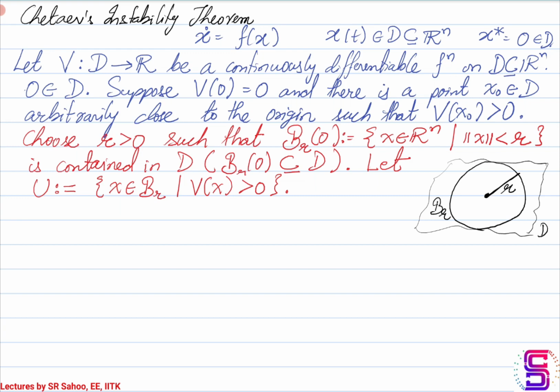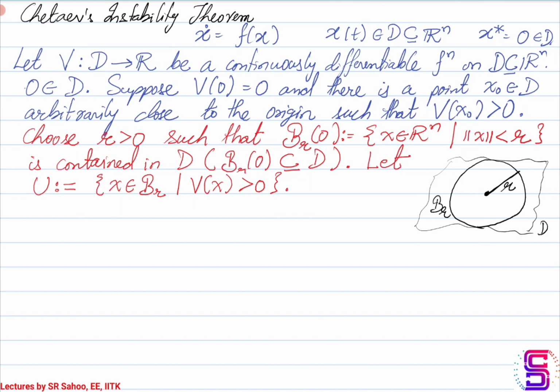Okay, inside this you are trying to find a set where V of x is positive. Now the set U, let's say, is going to look like this.